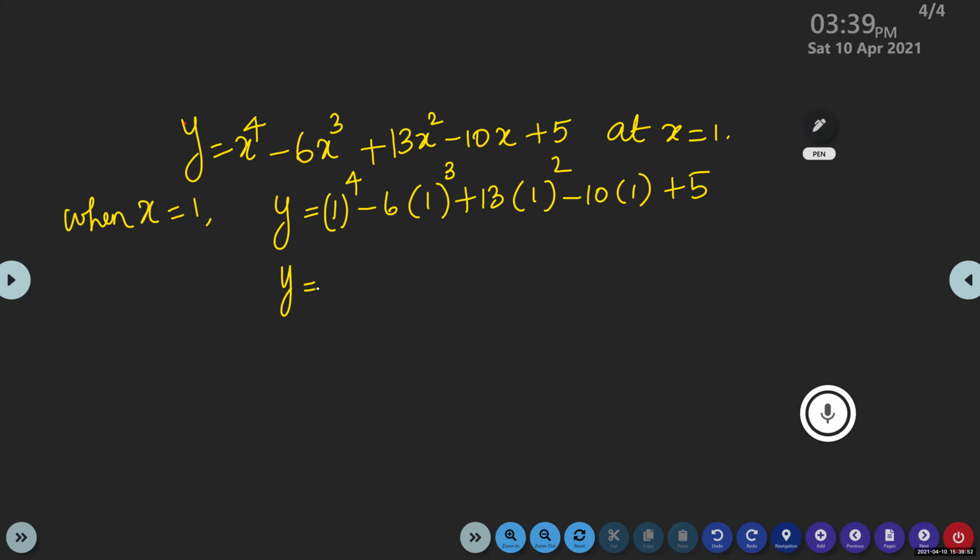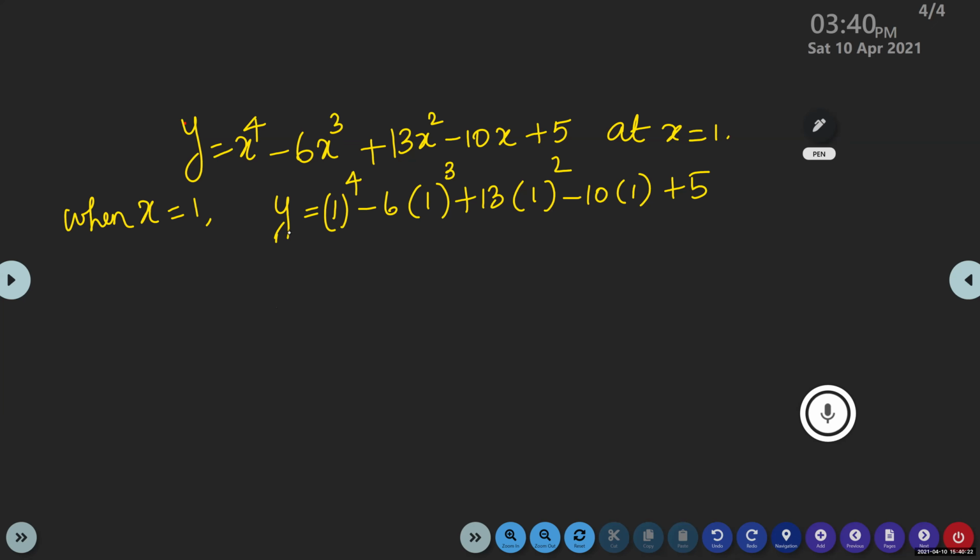Minus 23. Is it correct, Karthik? Shubham, you check your answer. What is the answer, Shubham? Check your answer.